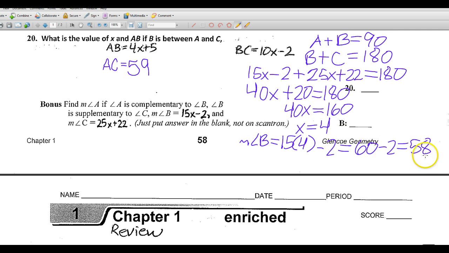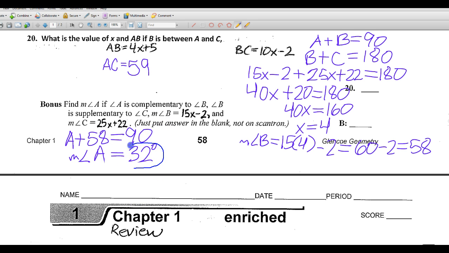So if B is 58, plug that in up here. Then the measure of angle A is 32 degrees. And that's it.